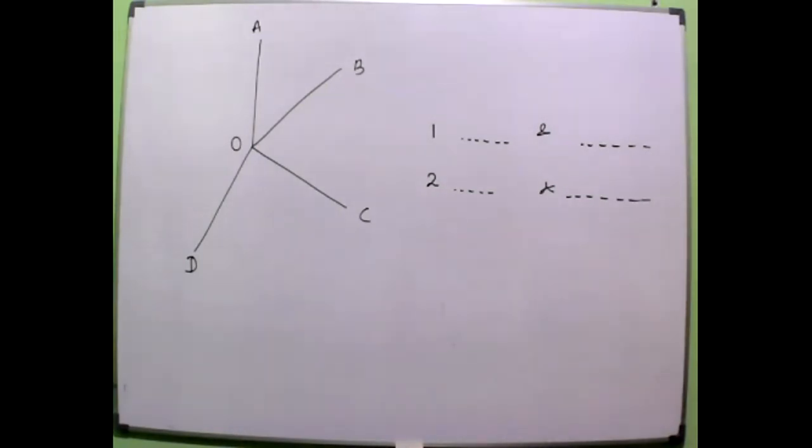ABC. What is that? I want you to write angles, right? So there should be at least three letters.